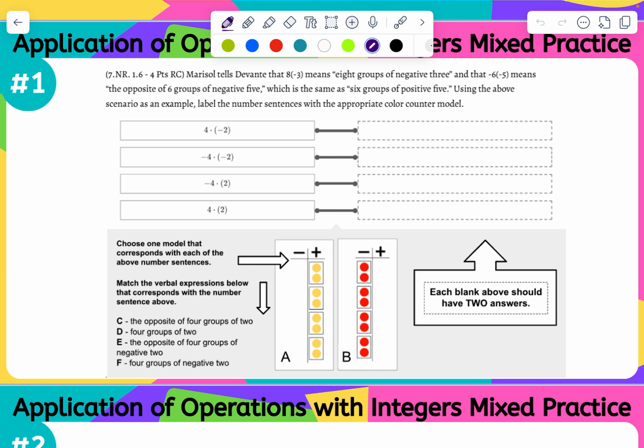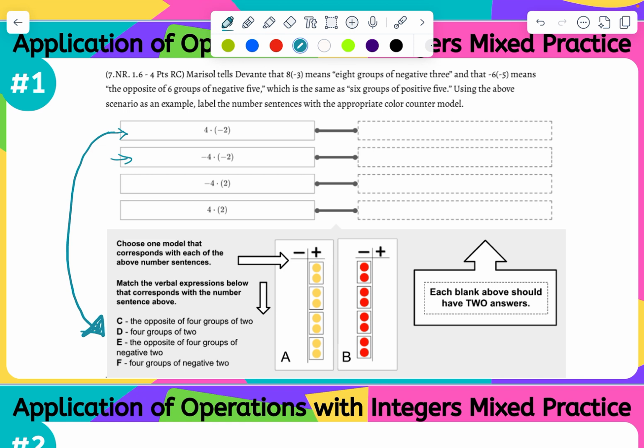All right, so what we're doing here is we are taking these color counter models. We're looking right here at all of these. And we're coming down here to the bottom to look for which one of those C, D, E, or F is the same as what's up there, okay?